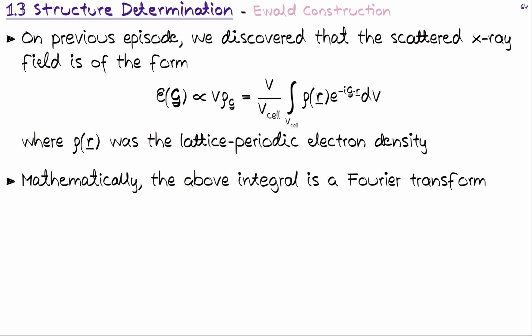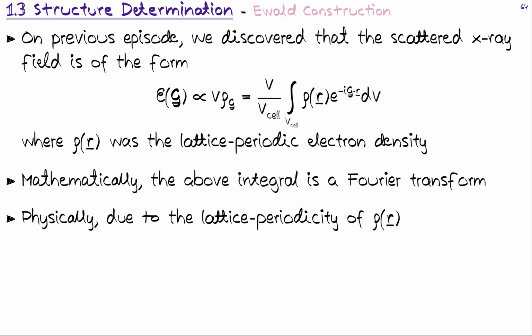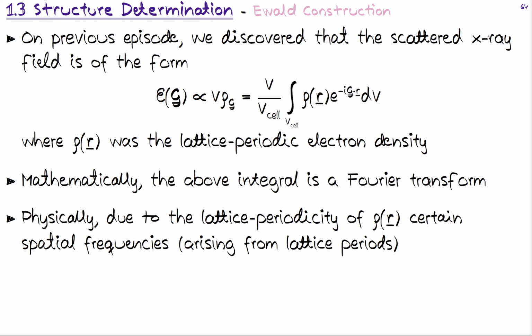And maybe that helps you to understand what is reciprocal lattice and reciprocal space. So physically, because we have a lattice periodic function, if we would make a Fourier transform, only certain spatial frequencies exist. And these arise from the fact that we have a lattice periodic function.